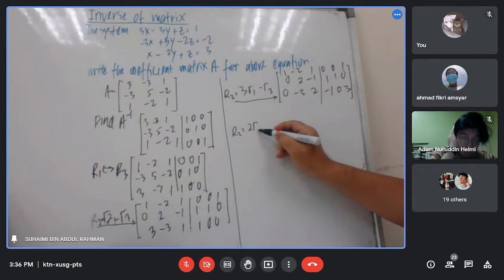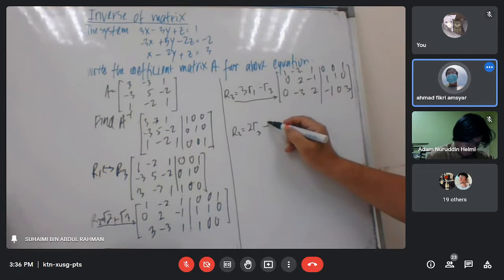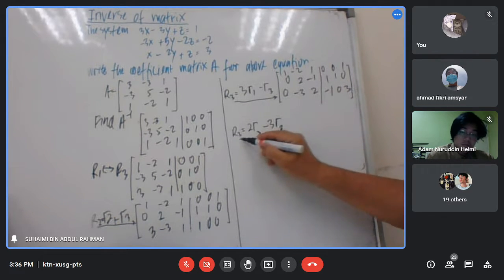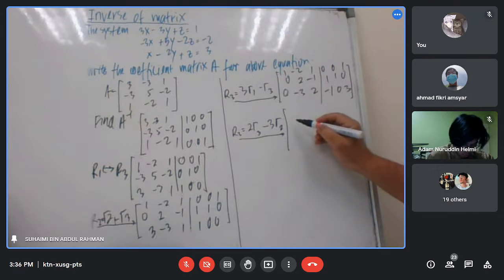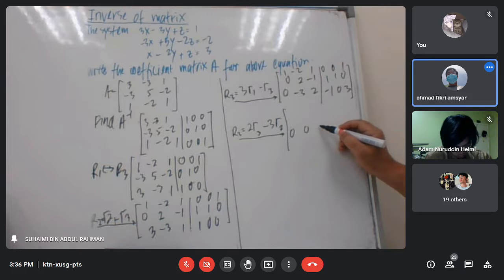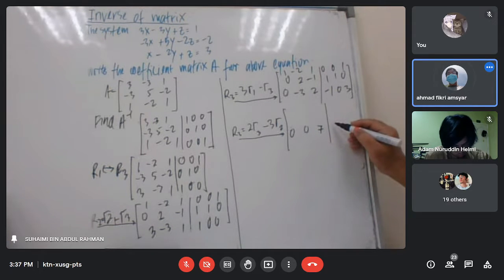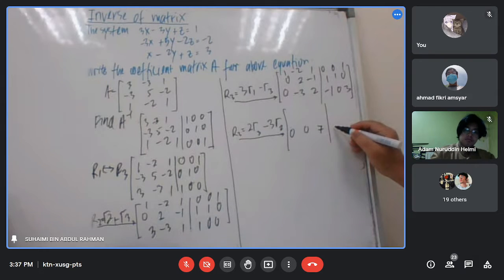Row 3 minus 3, row 2. 0, 0. Plus 7, plus 3.